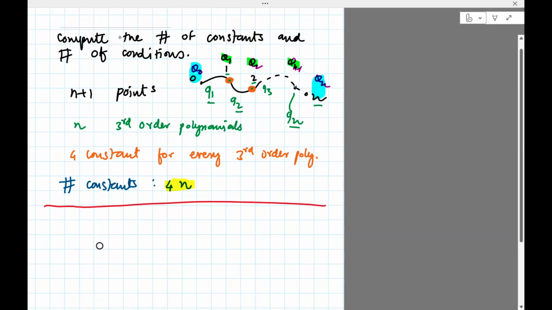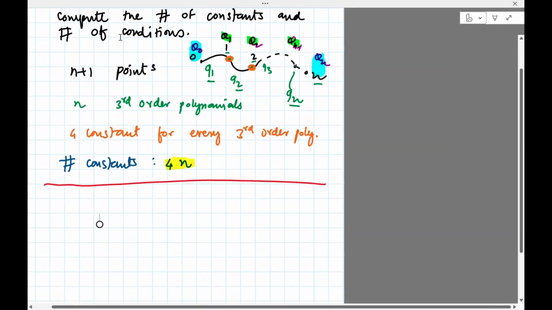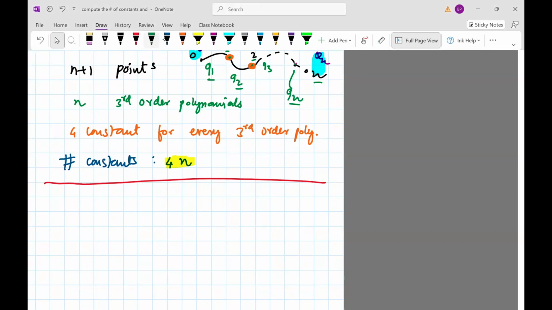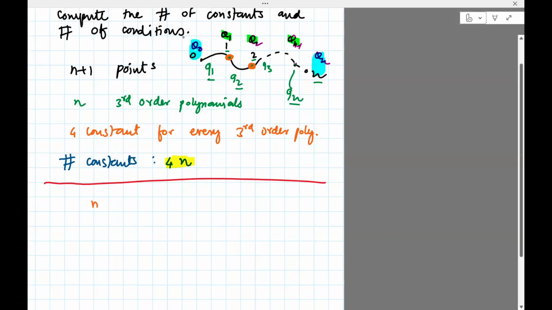So if you have the intermediate points, we have n minus 1 intermediate points, right?